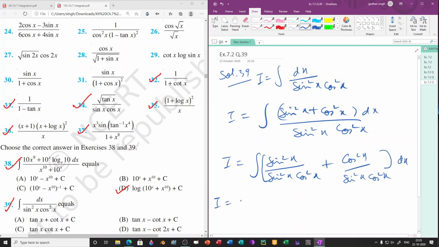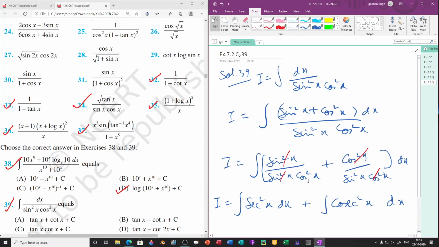So this we can rewrite as, here sine square x and sine square x cancel, and here we cancel cos square x and cos square x, and we know that 1 by cos square x is sec square x. So this can be written as I equal to integration of sec square x dx plus 1 by sine square x is cosec square x, so cosec square x, and this is dx.